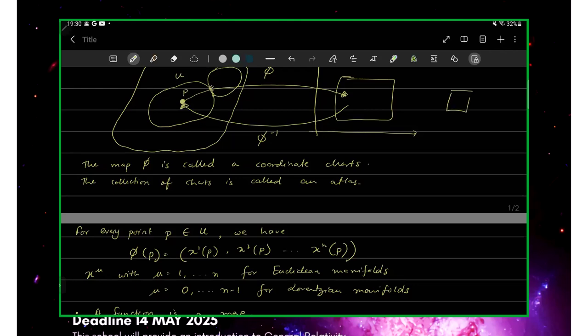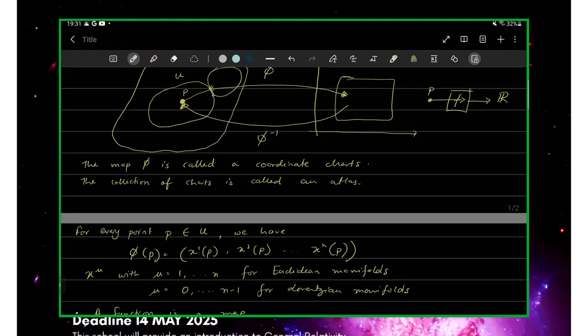You take any point P in the manifold, you pass it through the machine, and it should give you something that exists in Rn or R, where I know that this is the real number space. So of course, if it exists in the real number space, it has to be a real number itself.